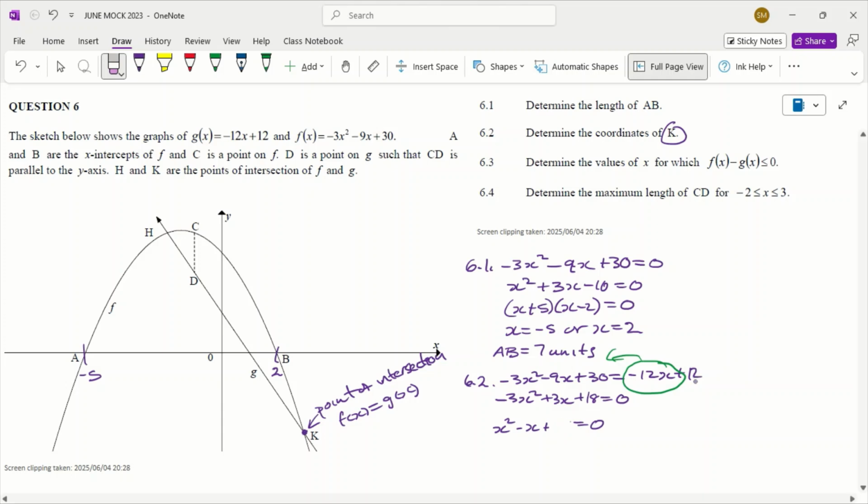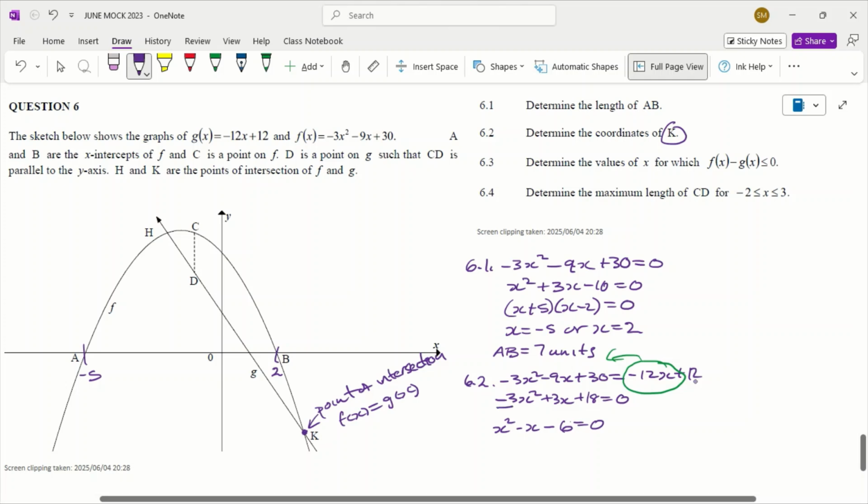Now there are two values here, and both of them are where the functions intersect, and you can see that the functions intersect at 2 points. The x value here is a negative x value, so this is negative 2, and then the x value at K is a positive x value, so we're going to say that the x value at K is actually positive 3.